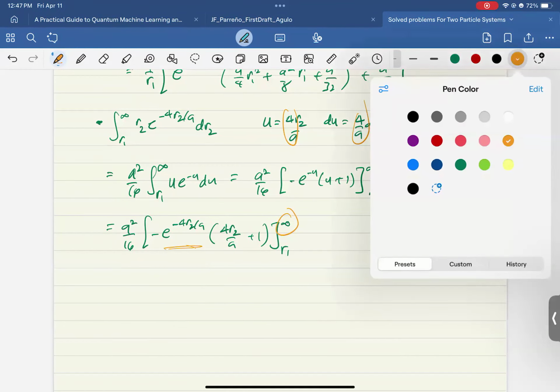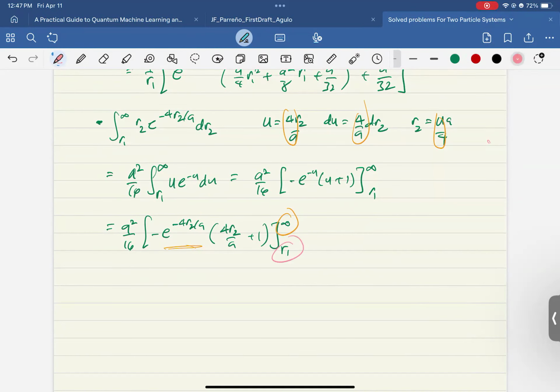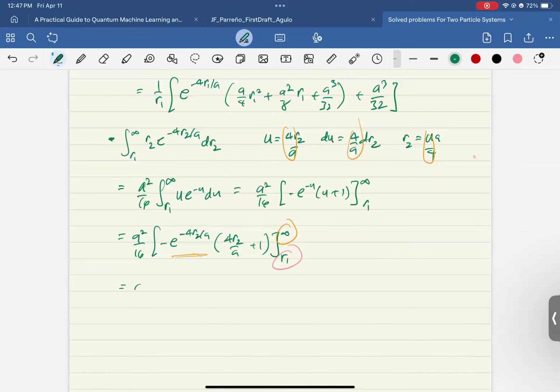And if you evaluate yung integral with respect to R1, we have a squared over 16, okay, e to the minus 4r1 over a, 4r1 over a plus 1.